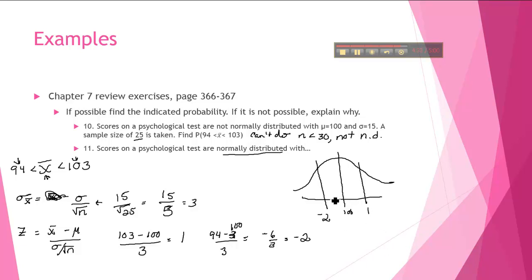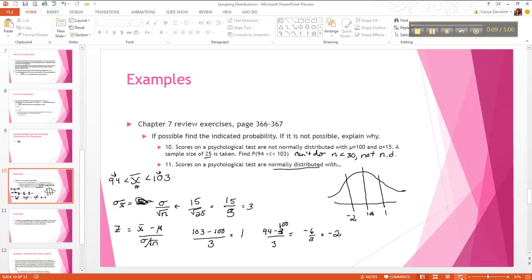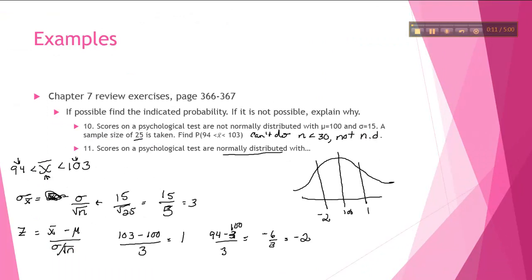We can actually just use a reference sheet of our empirical rule to figure this out, but I'm not going to. We know with a z-score of 1 from our chart that all of this area is 0.8413.